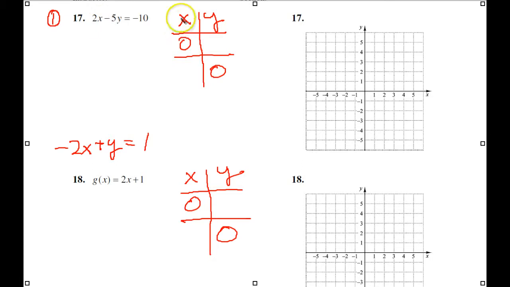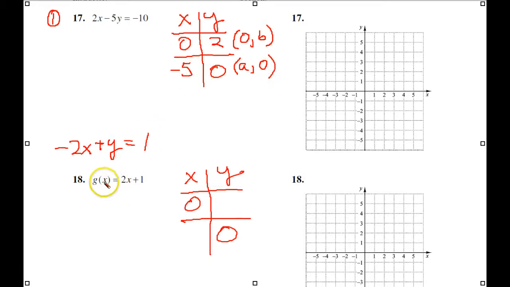So if x is 0, this is going to be 2. Just divide both sides by a -5. And if y is 0, this is going to be a -5. So again, this is your y-intercept, and this is your x-intercept.